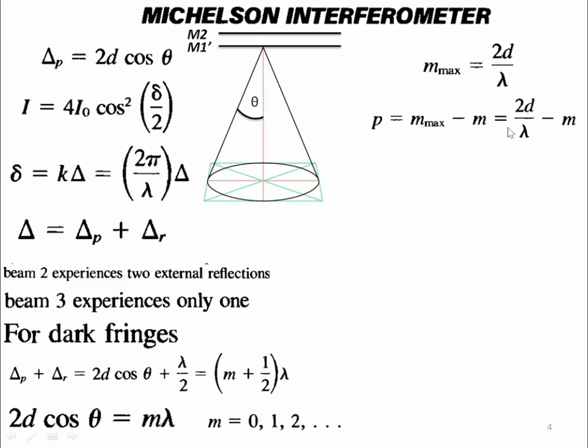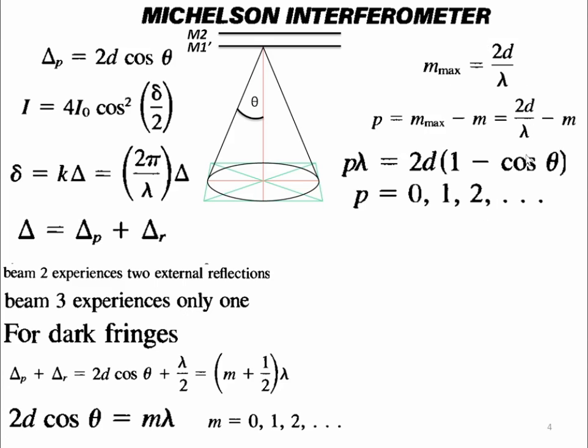So we can say this is 2d upon lambda minus m, and if I put the value of m, which we can follow from here, this is 2d by lambda into cos theta. If I substitute, I can find p into lambda. I can take this 2d by lambda, with lambda coming to the left hand side. So p lambda will be 2d into (1 minus cos theta).